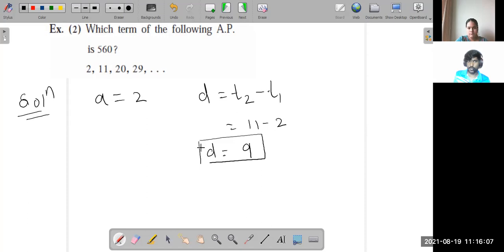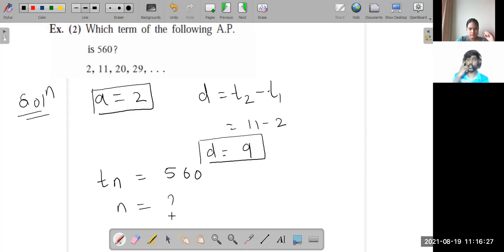So first term is 2, common difference is 9. Now, Tn is given, 560. The nth term is given. You have to find out at which position, that means n. At which position the term is 560. Clear?